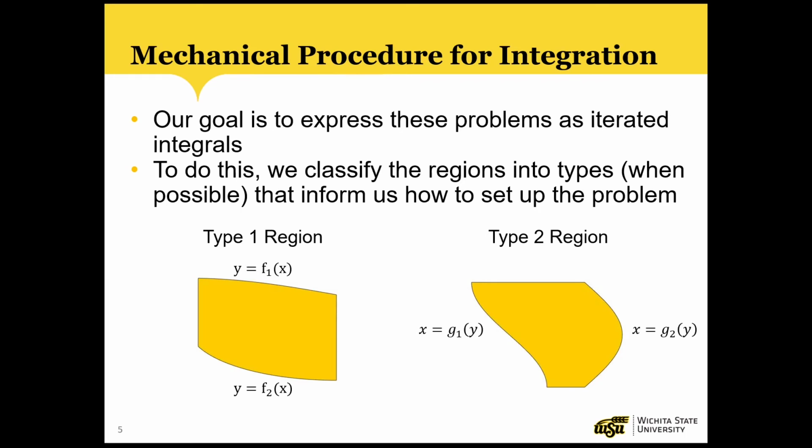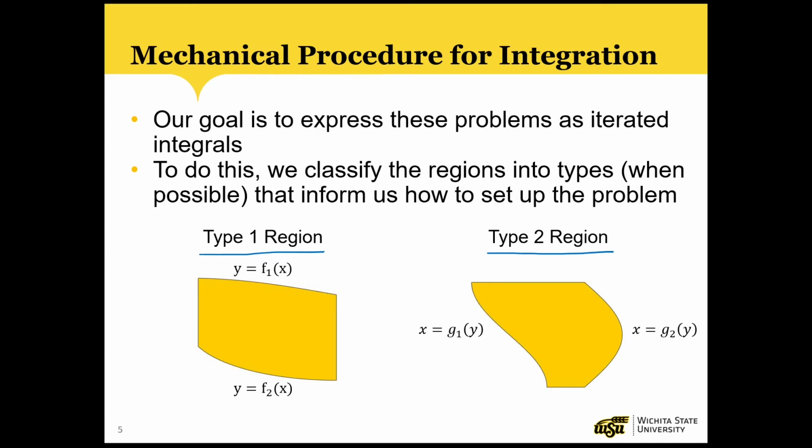To mechanically work out these problems, we want to take these more general looking regions, I have a couple examples here on the bottom of the slide, and figure out how to represent them in a way that allows us to write down an integral that we can actually compute. Our method of attack here is going to be to classify these as one of two types of regions for integration.